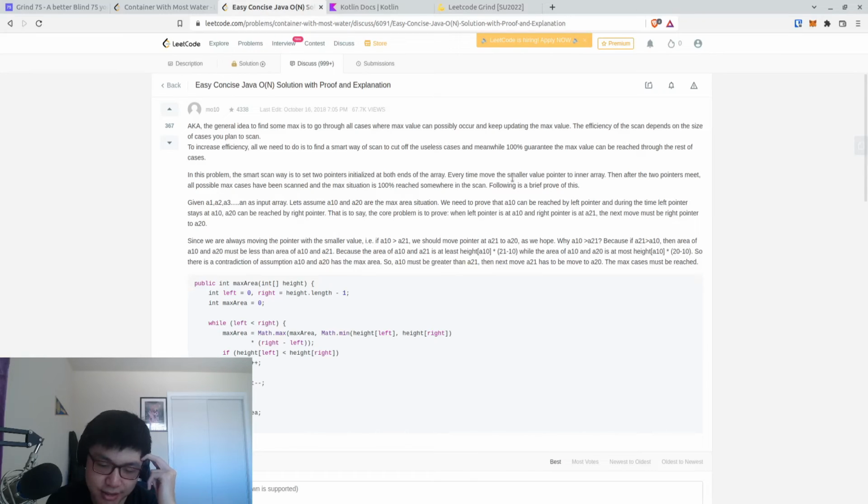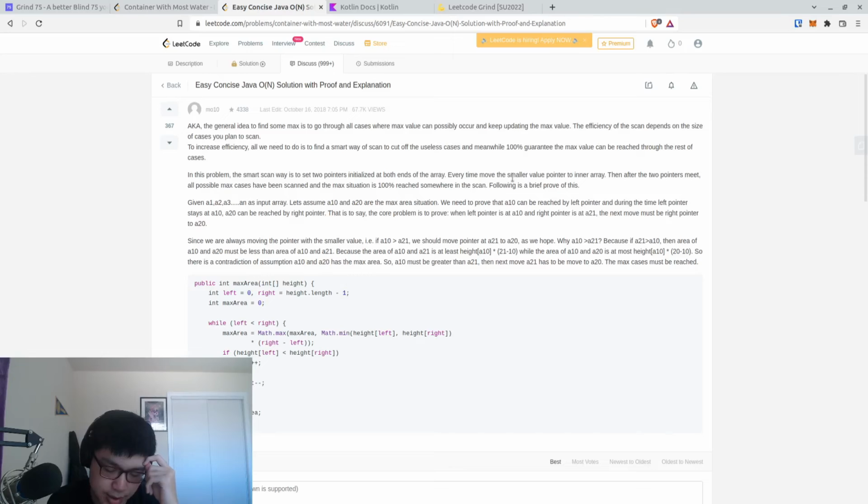Well, if there exists a larger area in between, how do we guarantee that we will actually reach that condition? Well, we exhaust all the cases by going through.